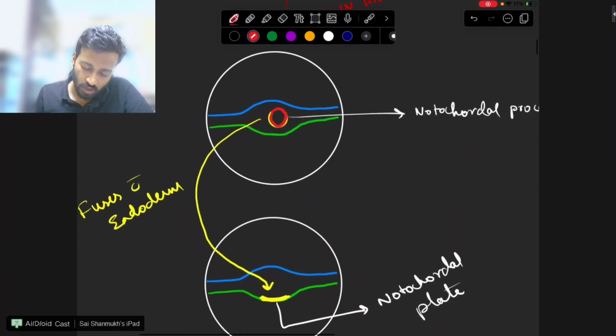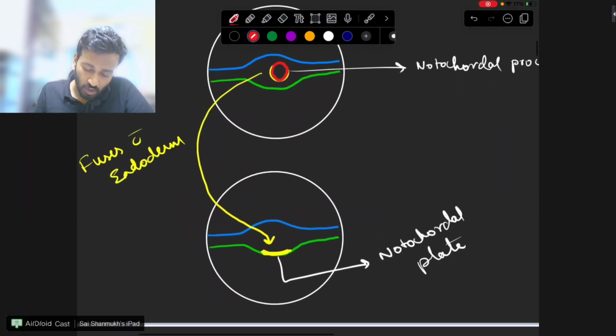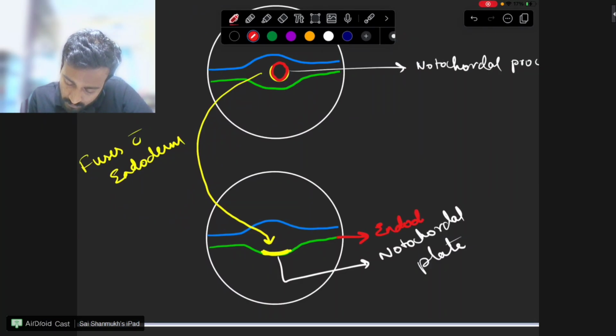This is the notochordal process, and this notochordal process will be fusing with the endoderm and form a notochordal plate.